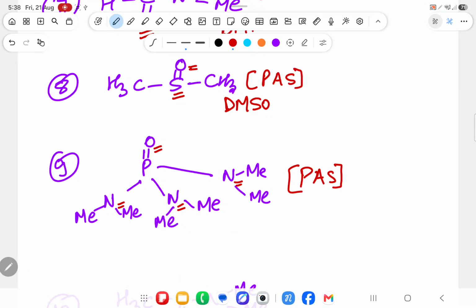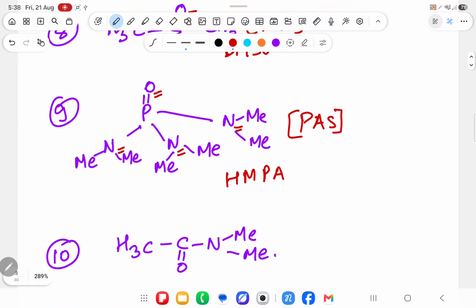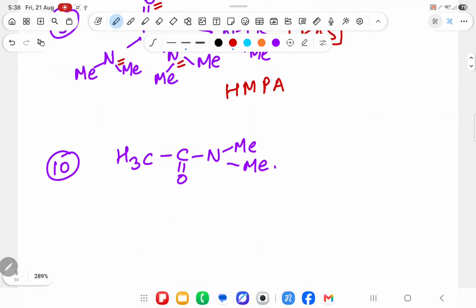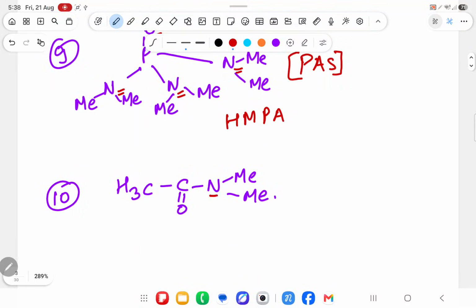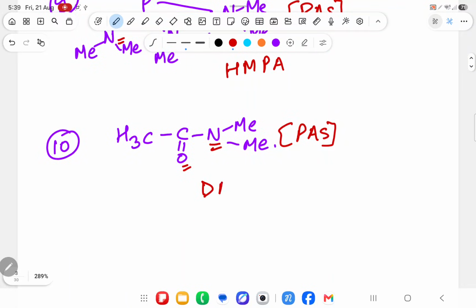What is the name of this compound? HMPA, hexamethylphosphoramide. If you didn't listen properly, then you can search on Google. The name of this structure is HMPA. Now over here nitrogen no hydrogen, oxygen no hydrogen, polar aprotic solvent, and its name is DMA, dimethyl acetamide.